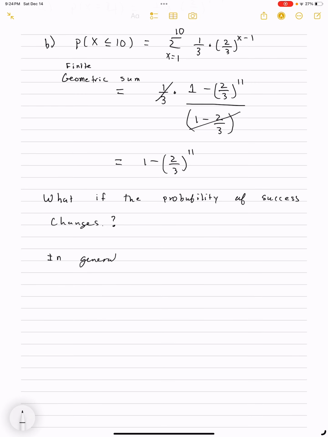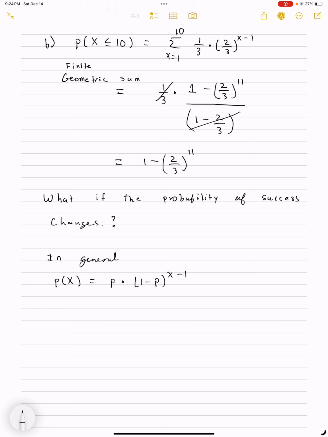So in general, for a geometric distribution, the probability is going to be represented as p times 1 minus p to the x minus 1. And that's for a geometric probability.